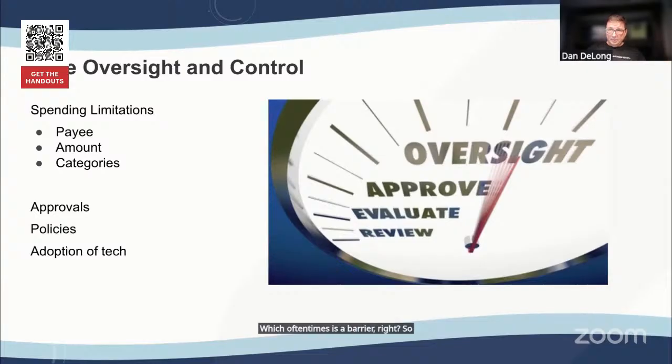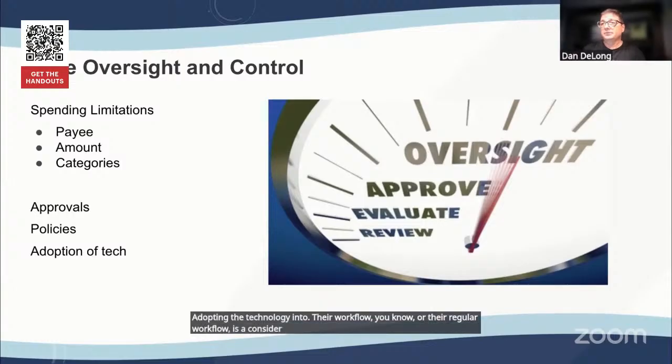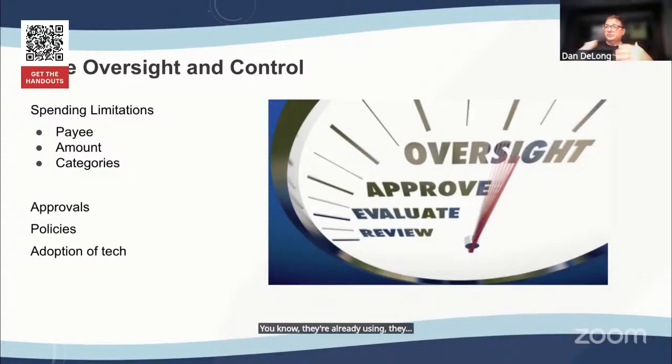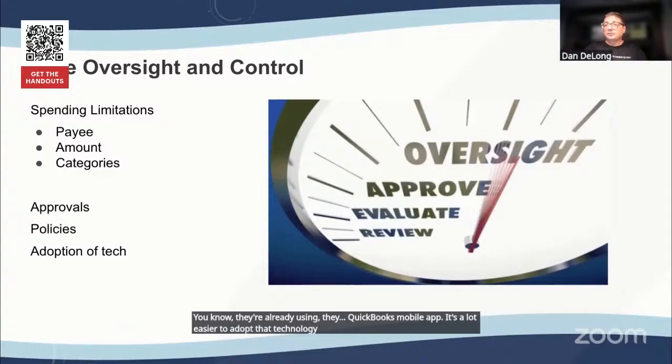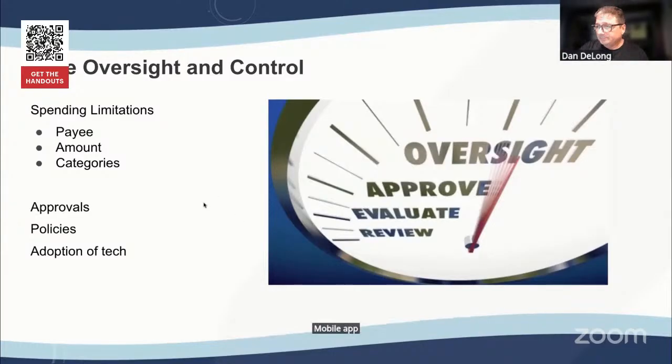So if you add another app to the guys that are out in the field, purchasing job supplies using the company credit card, and making sure that they include the receipt, adopting the technology into their regular workflow is a consideration or concern, where they're already using the QuickBooks mobile app. It's a lot easier to adopt that technology as opposed to adding another mobile app into their mix.